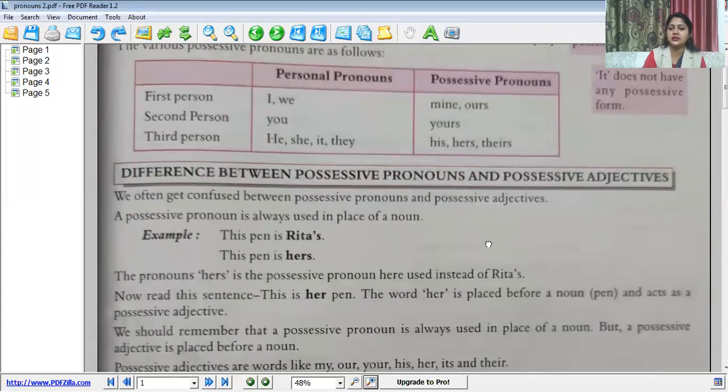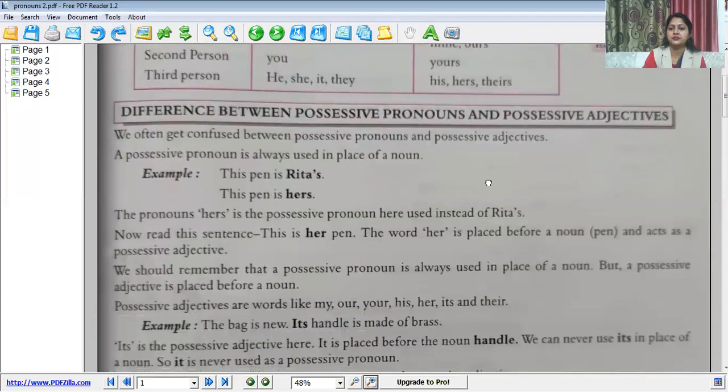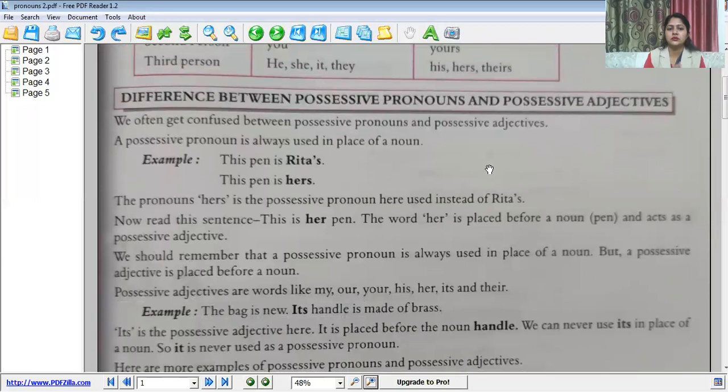Okay, now let's see the difference between possessive pronouns and possessive adjectives. Okay, now let's see this. We often get confused between possessive pronouns and possessive adjectives. When you'll do adjectives, you'll get more clarity.